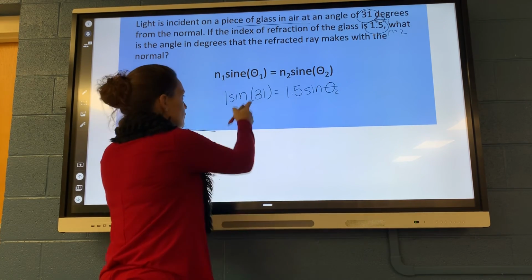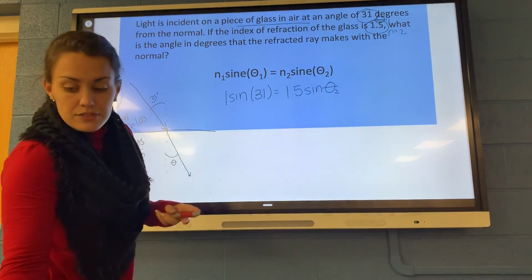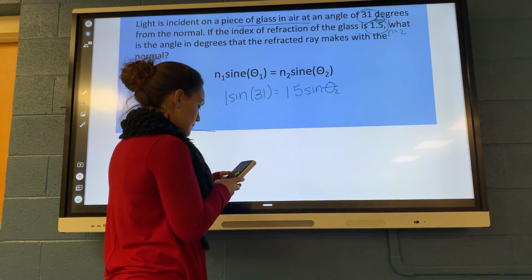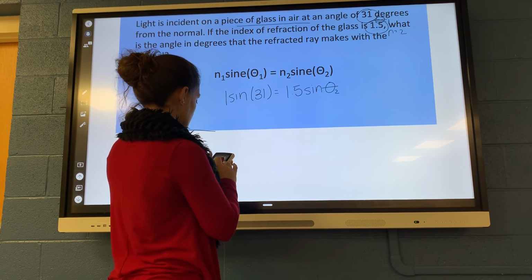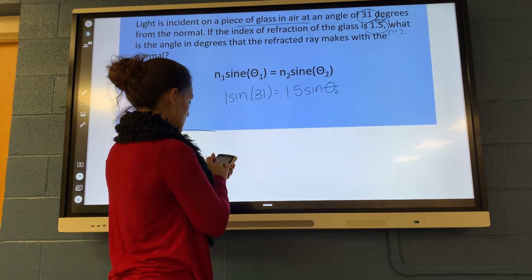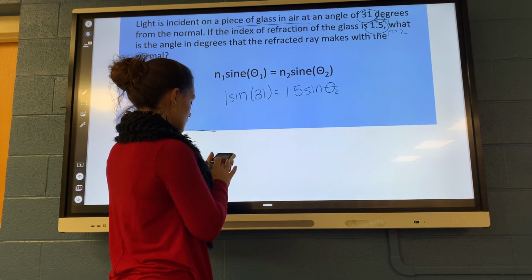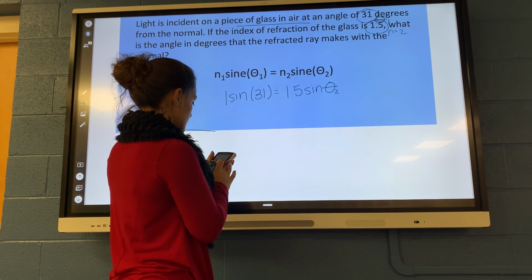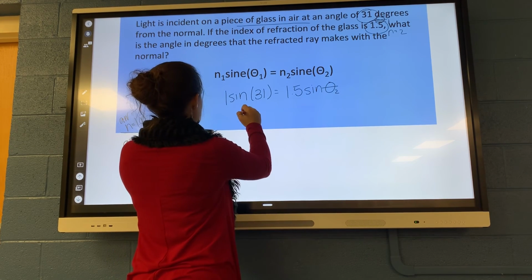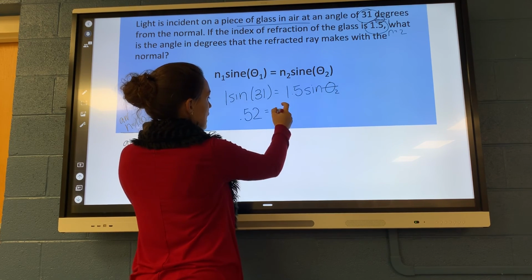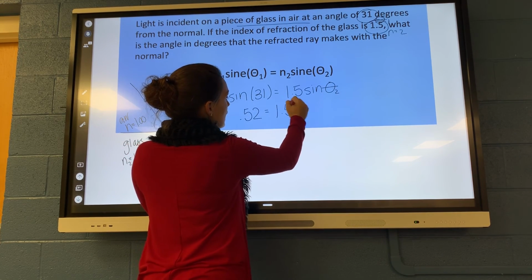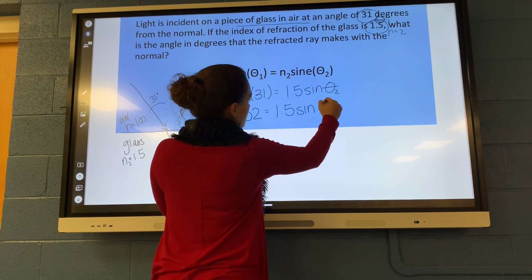All right, so first let's simplify the left side. So sine 31. Oh, let me put it in regular mode. 0.52. All right, that is this simplified, equals 1.5 sine of angle 2.